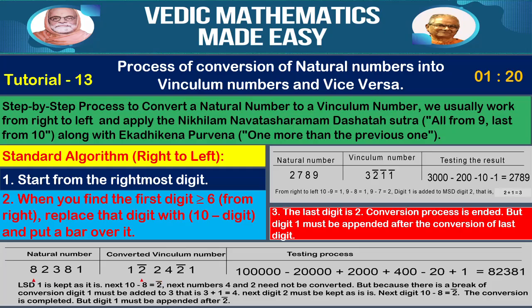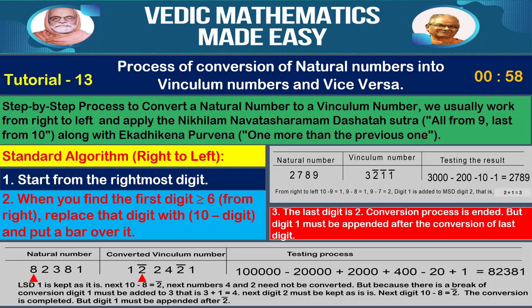Its next digit is 8. Conversion of this will give 10 minus 8 is equal to 2. Note, we are deducting it again by 10 because the conversion was broken. Hence, 10 minus 8 is equal to bar 2.